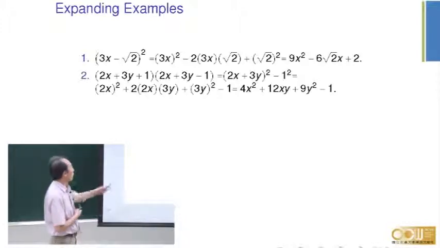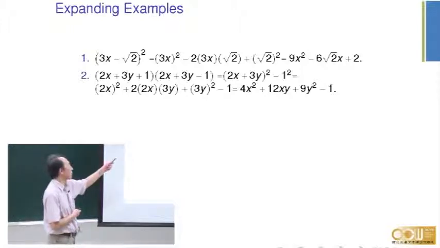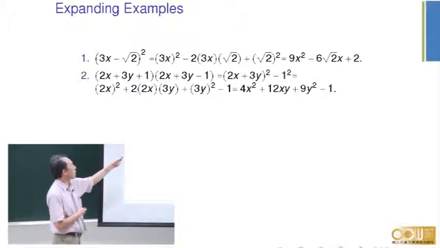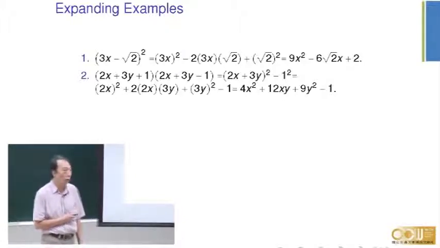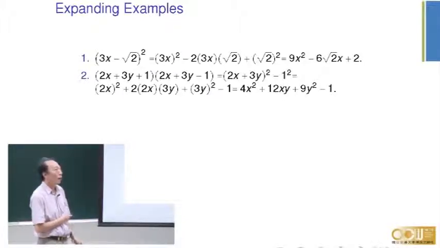Okay, and the second example is this. I try to multiply the quantity 2x plus 3y plus 1, times 2x plus 3y minus 1. Of course, you can use the distributive properties to do the expanding directly.